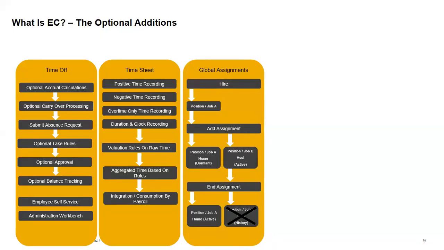Then global assignment. All of these are optional additions of Employee Central. Customers may or may not require these functionalities. Global assignment is required for a customer who has operations in different countries. Let's say I'm implementing SuccessFactors for a customer who operates from 4 different countries: US, UK, China, and India.